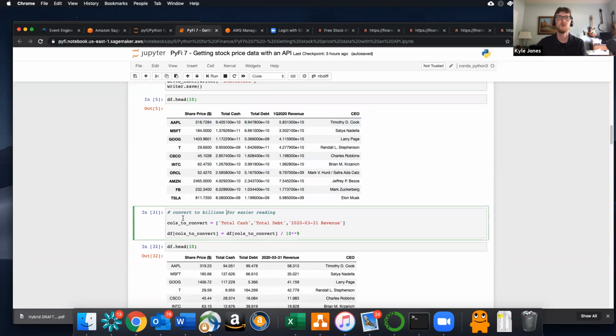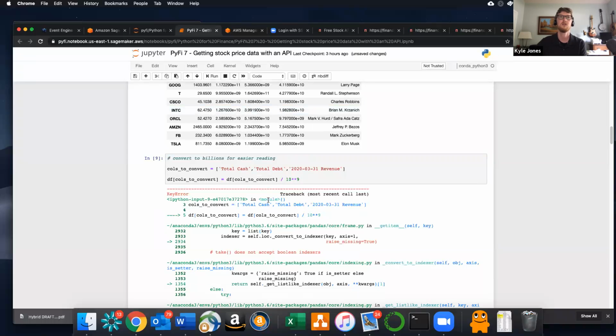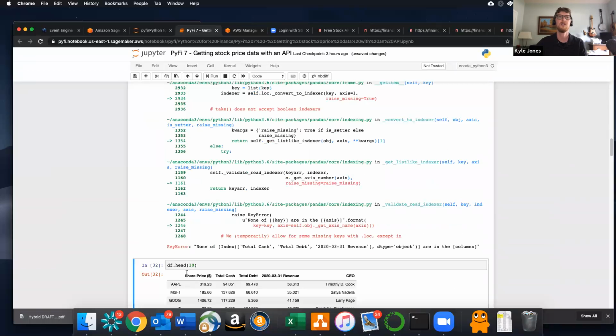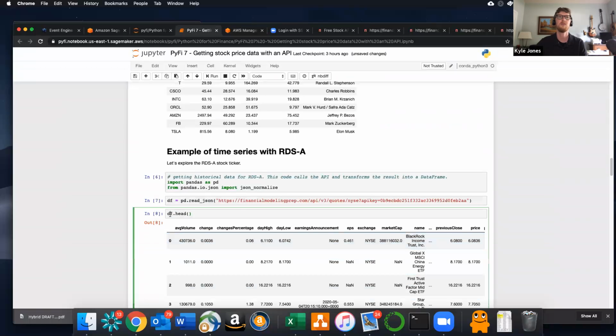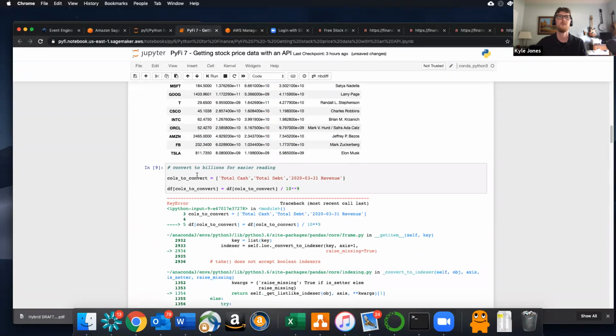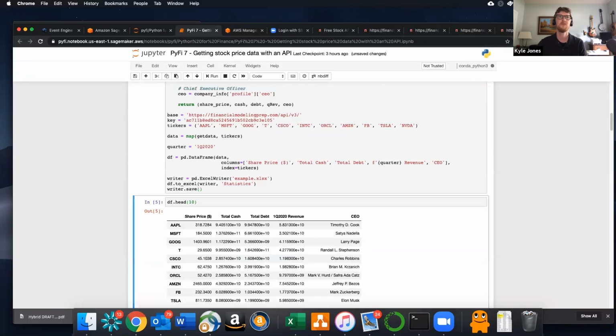And so what I'm doing in this next cell is taking those columns, and I'm going to divide them each by 10 to the 9th, which is billion. I used this is now the data frame name, not up here. So by convention, we use DF for data frame.